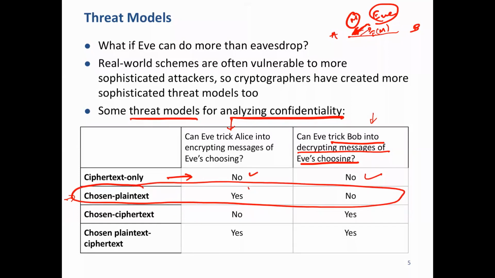Similarly, there are two other models. In the third model, chosen ciphertext, Eve cannot trick Alice into encrypting a message of her choosing, but can trick Bob into decrypting a message. And the last one is where Eve can trick both Alice into encrypting a message and Bob into decrypting a message.